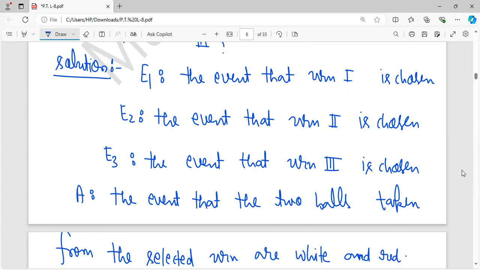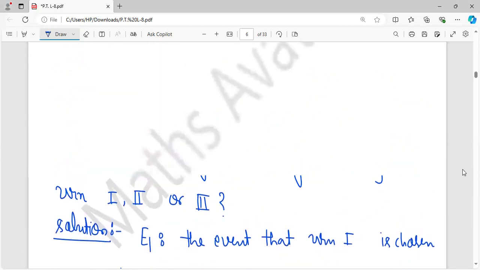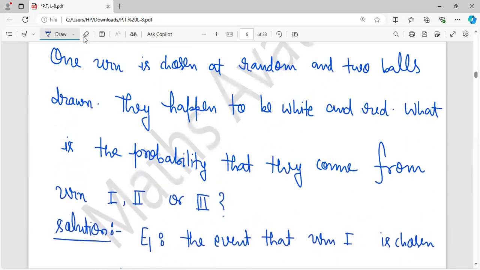So in the question, in place of R, you write and.